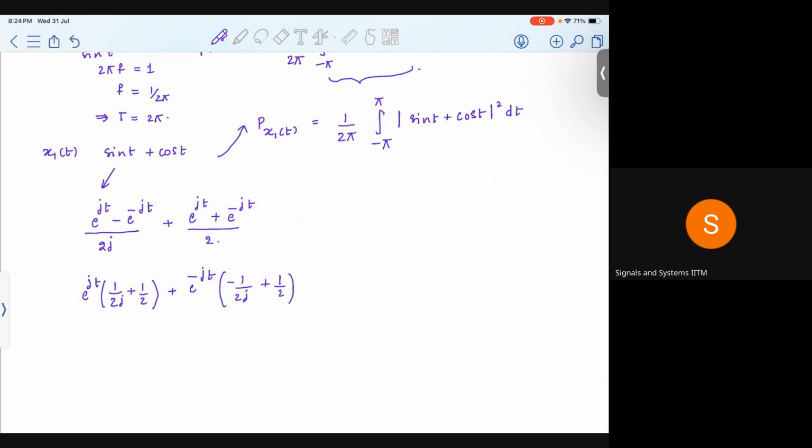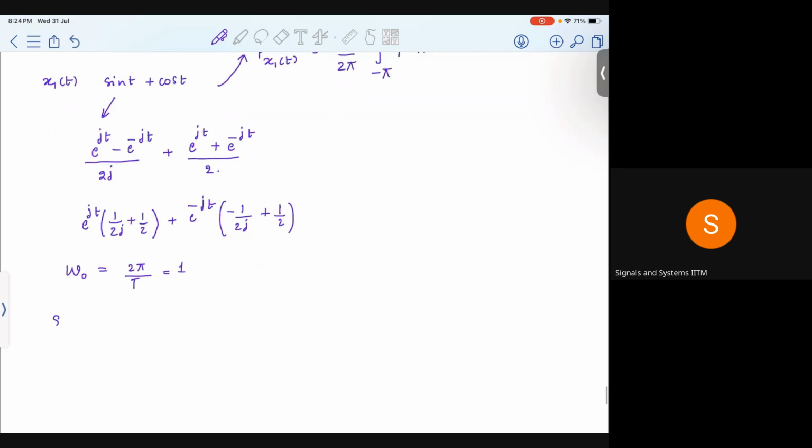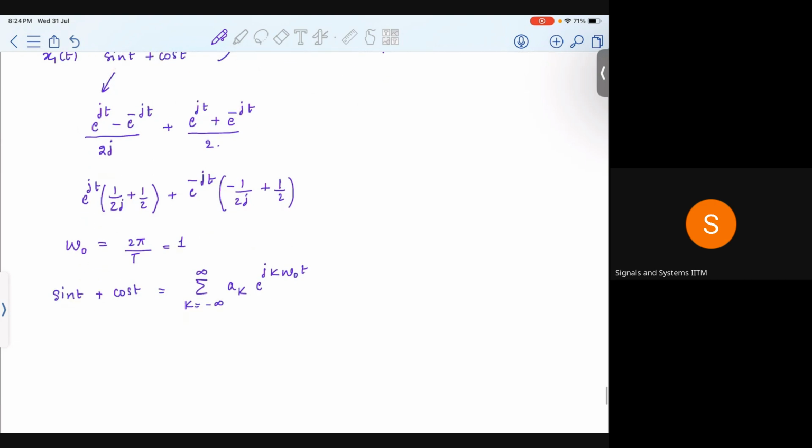What is our fundamental frequency? Omega naught is 2 pi by T, which is 1. So sin t plus cos t has the form sum over k from minus infinity to infinity a k e power jk omega naught t, where our omega naught is 1.